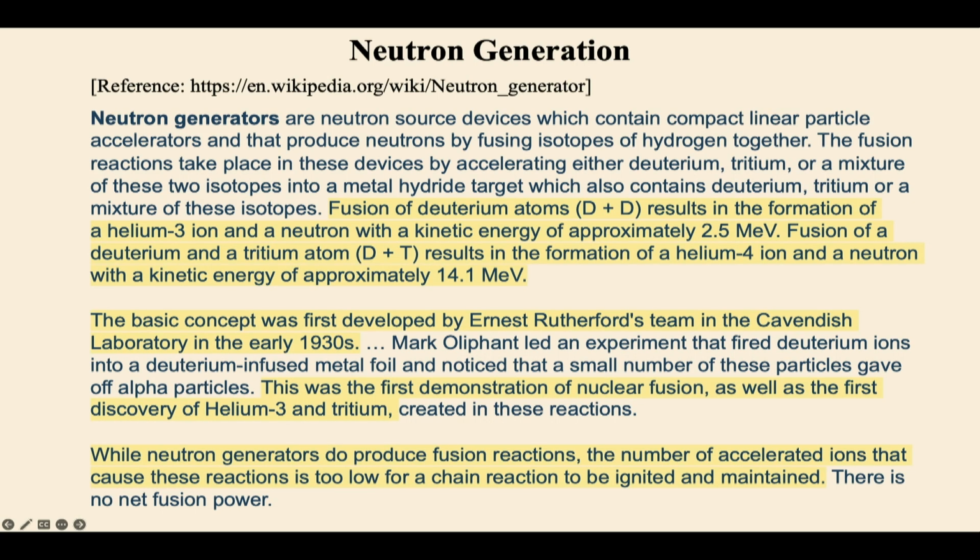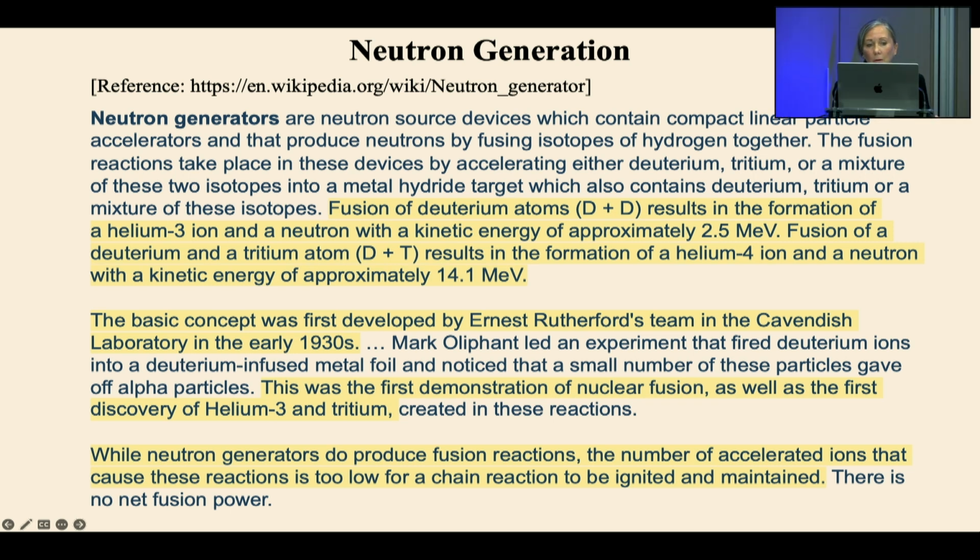If you want to check on neutron generation, look it up on Wikipedia. I'm going to read some of this in yellow. Fusion of deuterium atoms results in the formation of helium-3 and a neutron with a kinetic energy of approximately 2.5 MeV. Fusion of a deuterium and a tritium results in a helium-4 and a neutron with an approximate energy of 14.1 MeV.